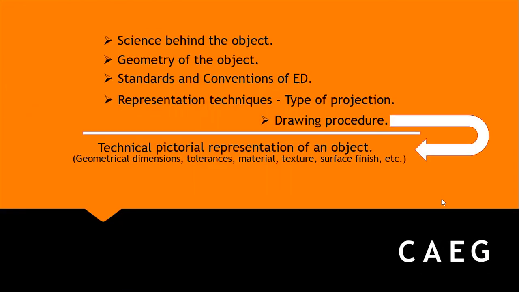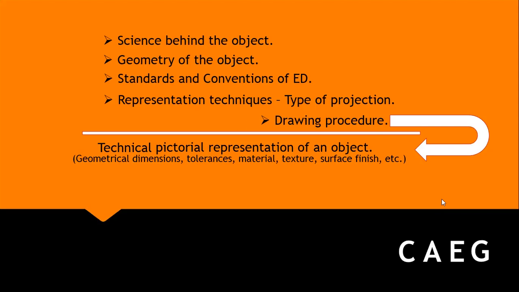There is a myth among students. Students who are learning AutoCAD feel AutoCAD will explain all these things, that it will give insights regarding the science behind the object, the geometry of an object. AutoCAD doesn't directly provide any of these insights.